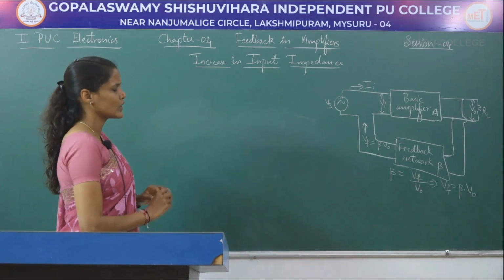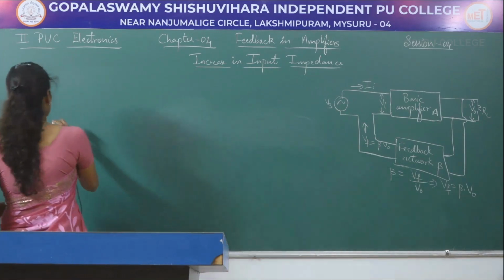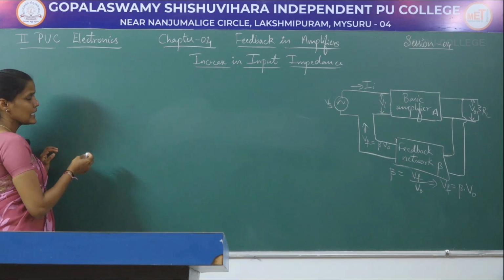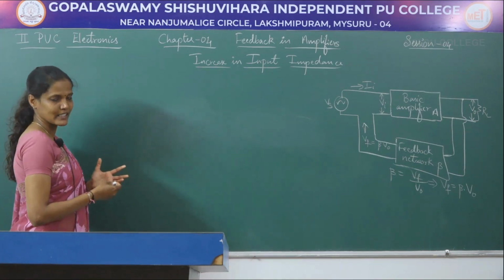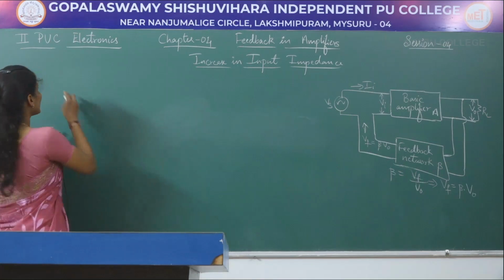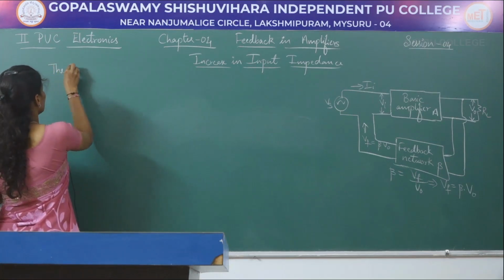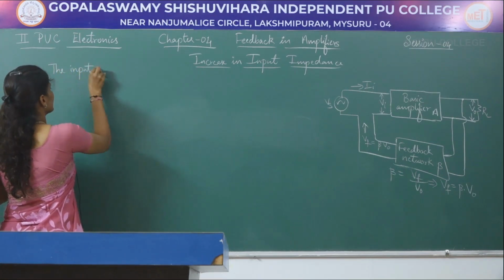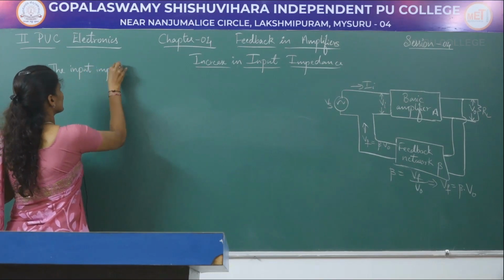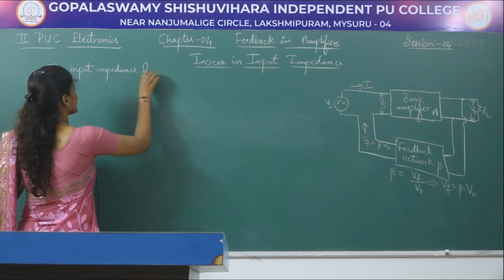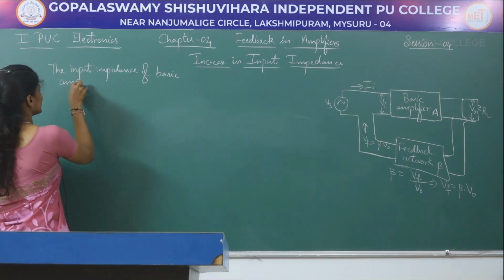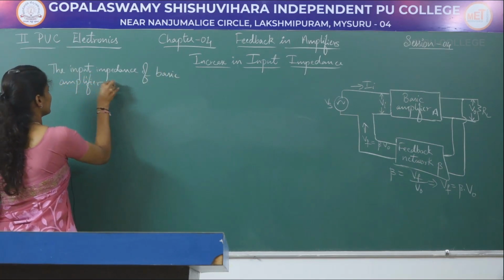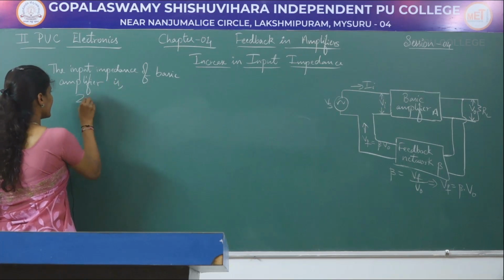So, in this circuit, the input impedance which is denoted by Zi, when the feedback network is not considered, that is, the input impedance of the basic amplifier, is given by Zi.